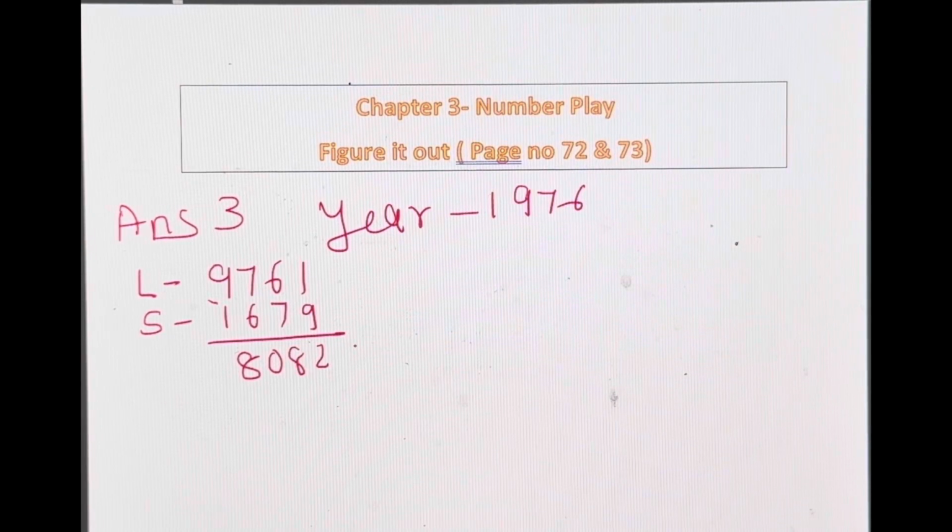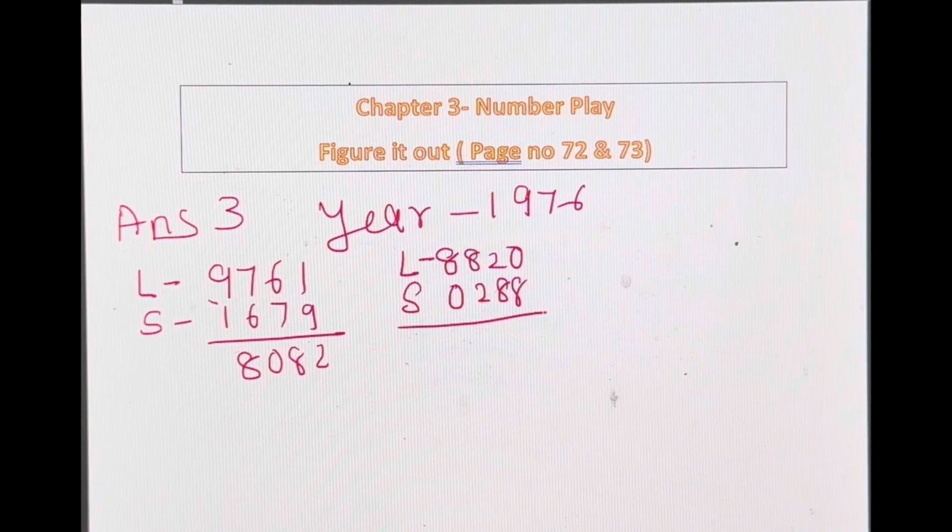If we find the difference, it is 8082. Now again we form the largest with this number which we have got. It will be 8820. The smallest will be 0288. Clear? So the difference would be 8532.